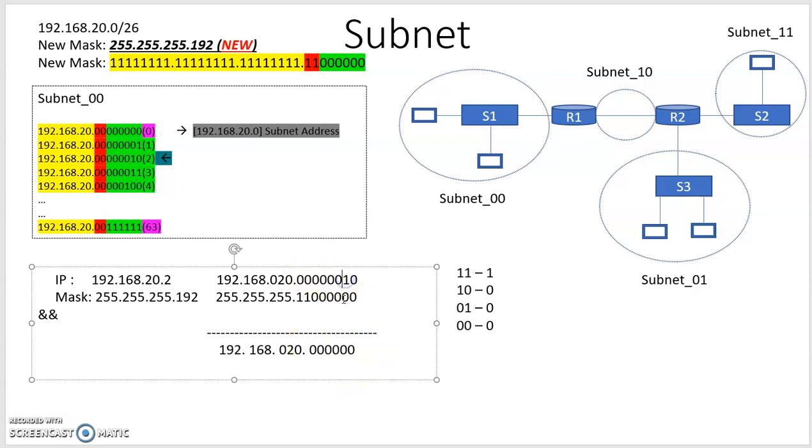And then 1 and 0 is again 0. So 1, 2, 3, 4, 5, 6, 7, 8, all of them are 0. So it goes back to that value that I was talking about, the subnet address. This is 192.168.20.0.